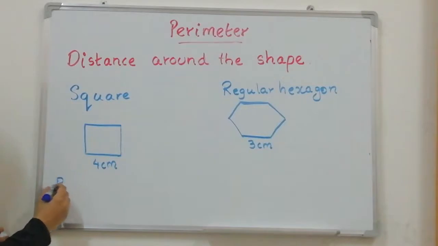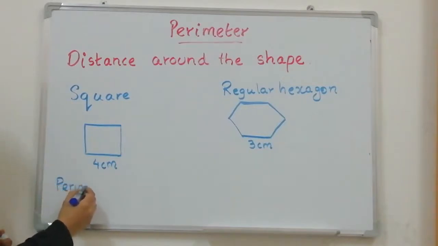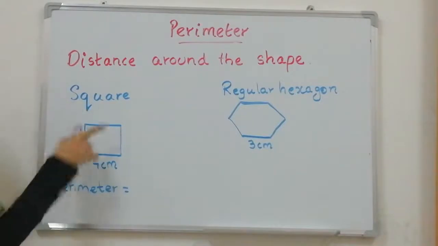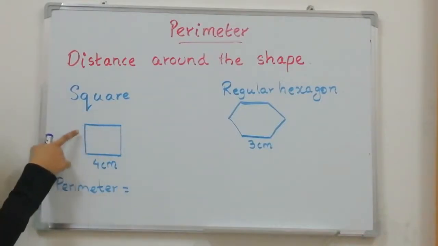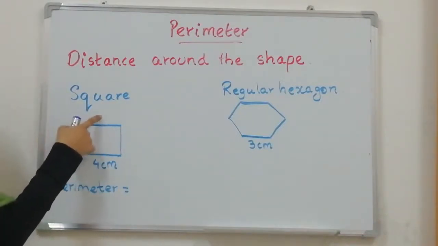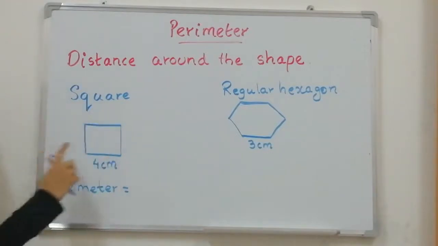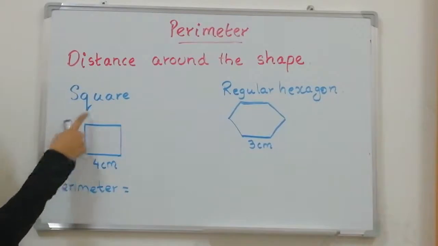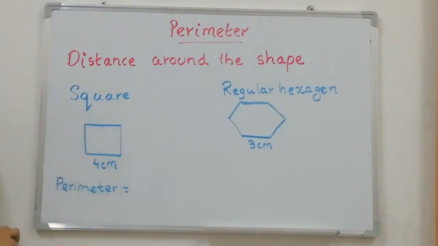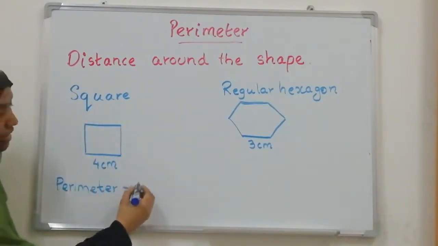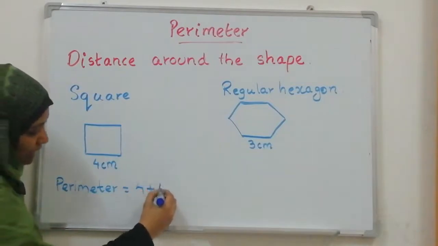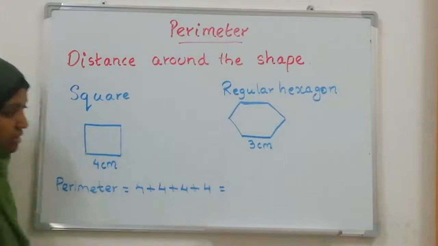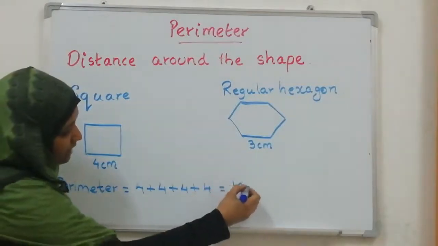You add all the sides of the square: 4 centimeter plus 4 centimeter plus 4 centimeter plus 4 centimeter, which means you are adding 4 times, because a square has 4 equal sides. So 4 plus 4 plus 4 plus 4 gives the answer 16 centimeter.